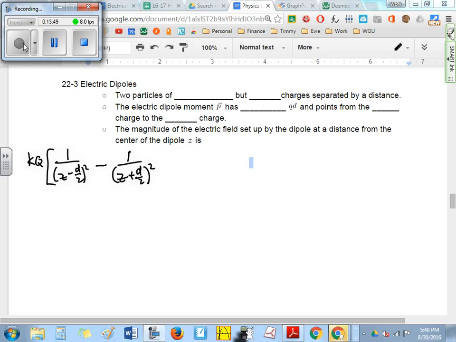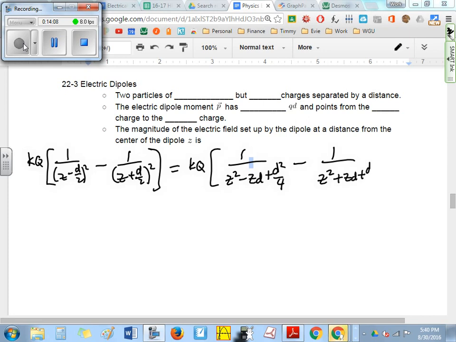Okay, all righty, change my bracket there. The other thing I want to do is kind of weird. I'm going to FOIL out the bottoms like this. So it's 1 over z squared minus zd plus d squared over 4, and then minus 1 over z squared plus zd plus d squared over 4.